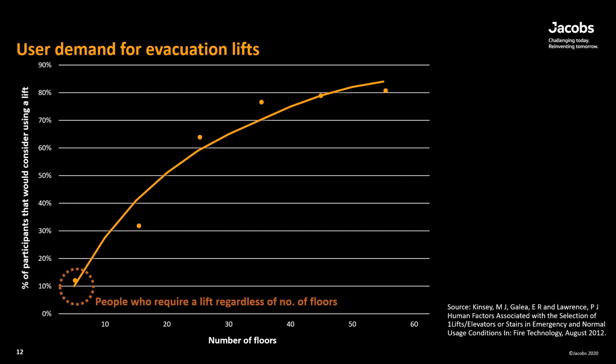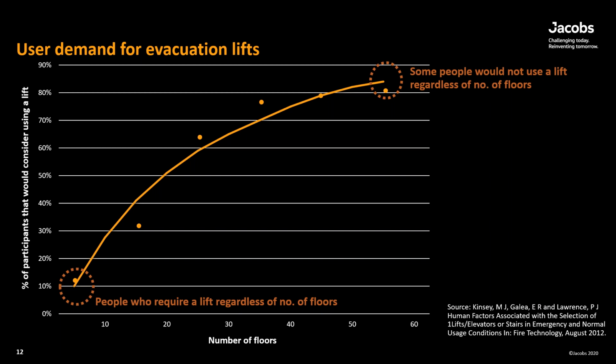You'll see from the curve that we're looking at, the proportion of people who would want to use or require the use of the lift in an evacuation situation increases with the number of floors. Right at the other end of the curve, there are some people who would not use the lift regardless of the number of floors.